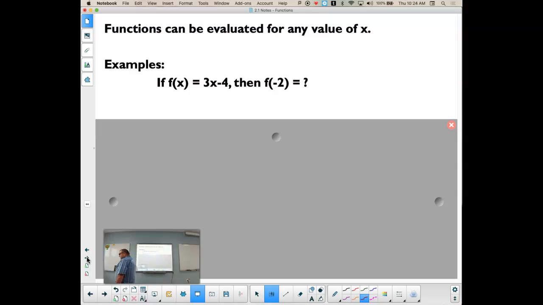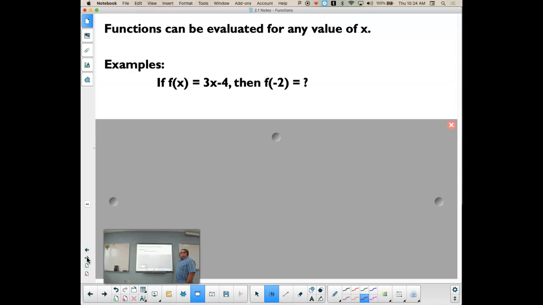So in this case, our function's name is f, and the variable in that function is x. So we call that f of x. Our function has been defined as f of x equals 3x minus 4.